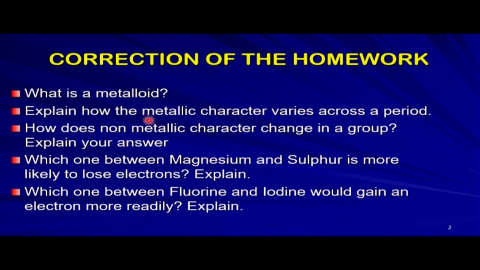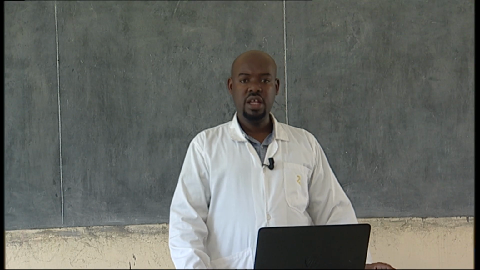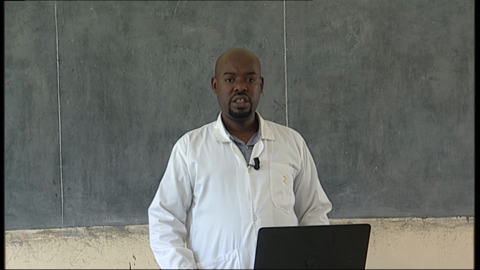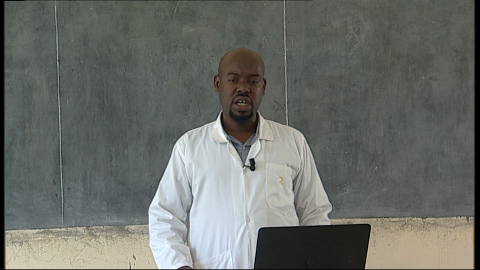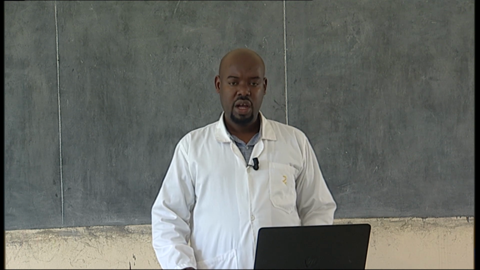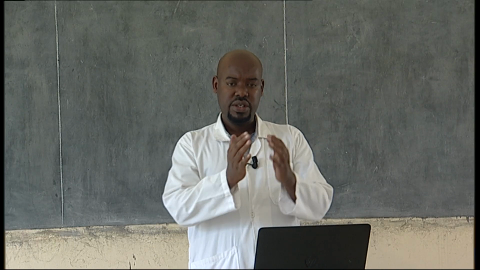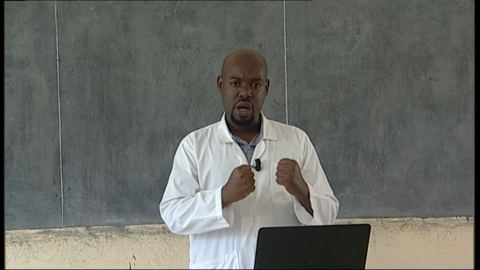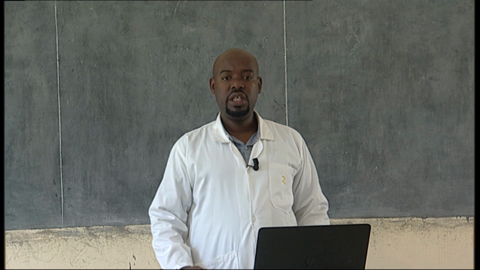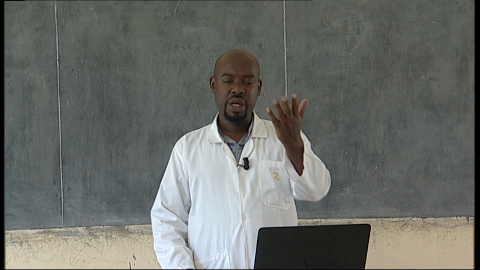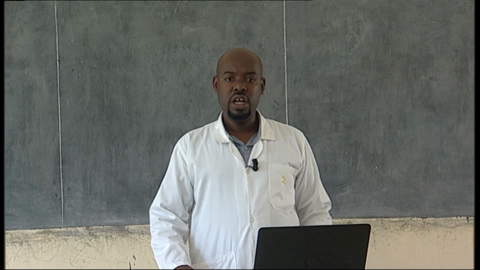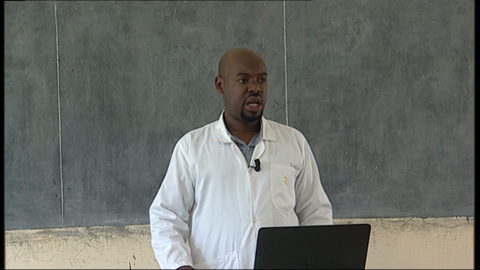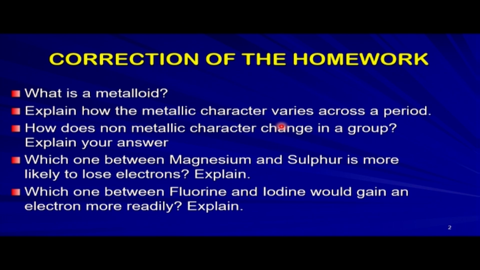This happens because the ease of losing electrons decreases. As you move across the period, the size decreases, making the electrons experience a stronger nuclear attraction, and it becomes very difficult for the electrons to be lost. Hence, metallic character, which is a measure of how easy it is to lose electrons, decreases, okay?